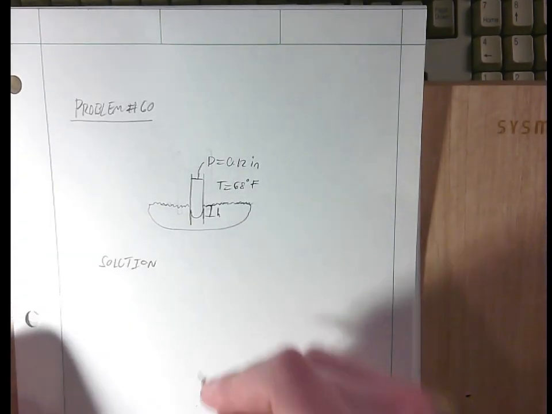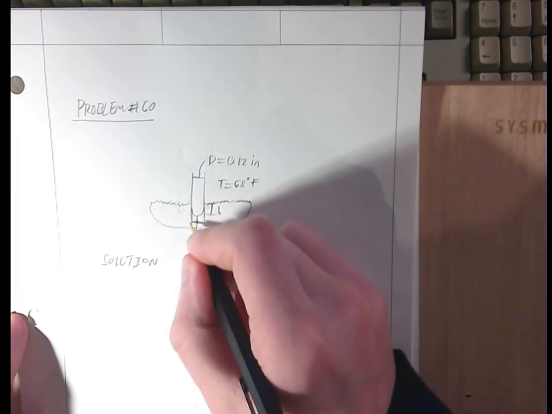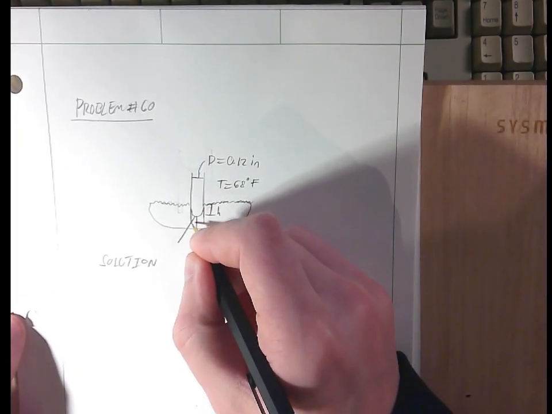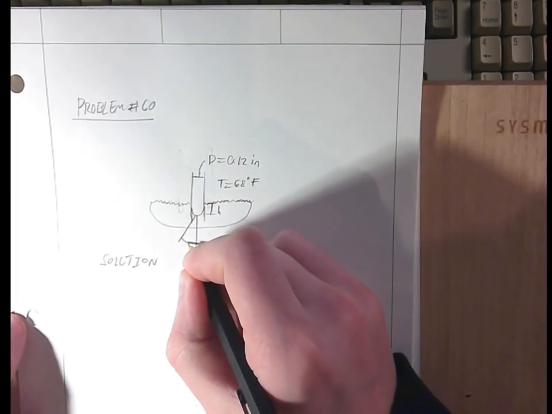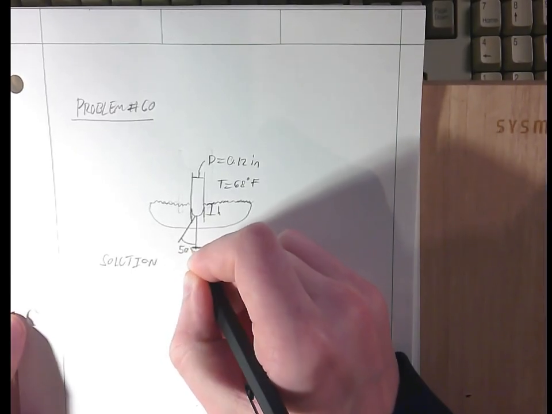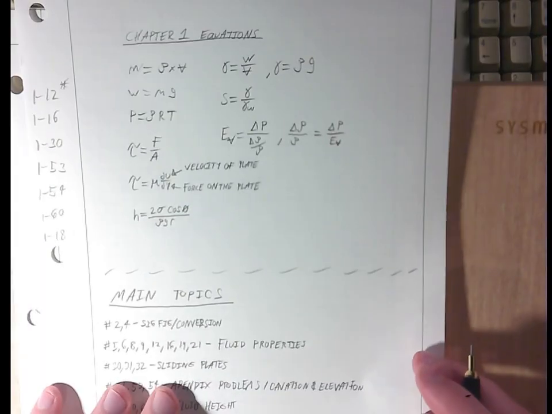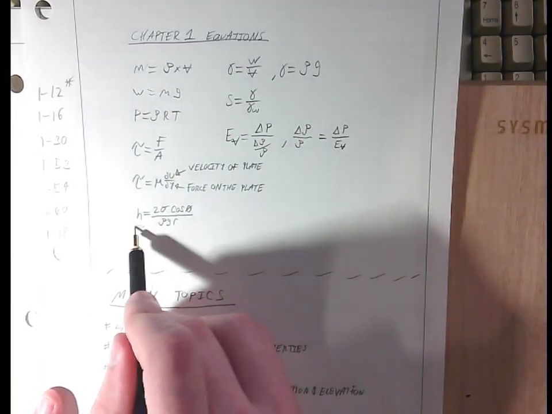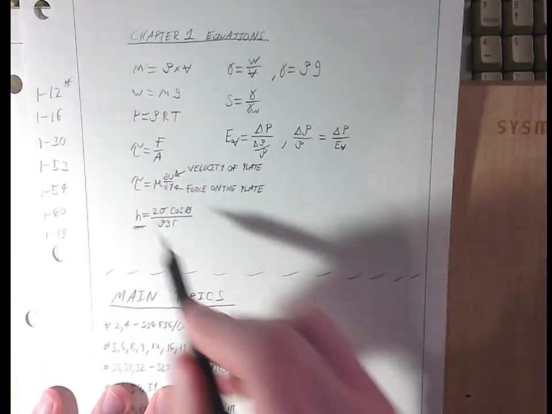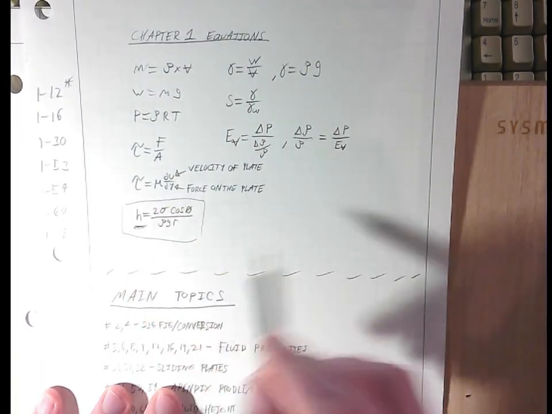Oh, and there's one more thing. This angle here, 50 degrees. Sorry, almost forgot that. So if we go to our little equation chart here, this is the height we're looking for. This is the equation we'll use.